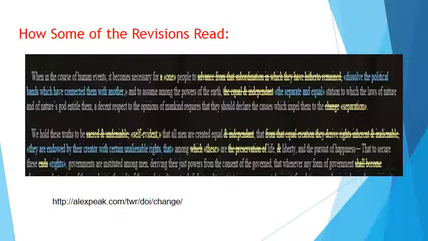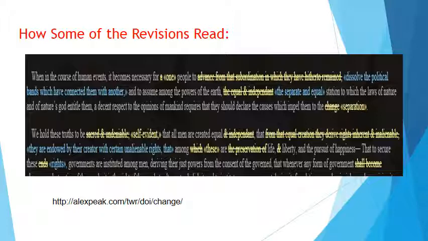They cross that out again, and that's once again changing the wording to make people happy, because we have a whole continent of slaves in our country at this time. That from the equal creation, they derive rights inherent and inalienable. That gets changed too.